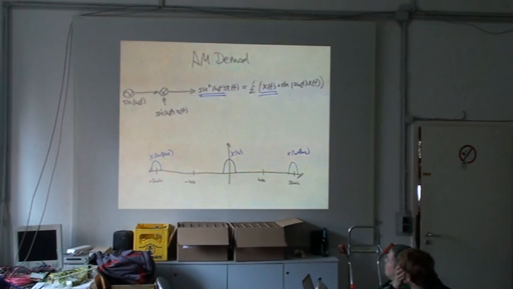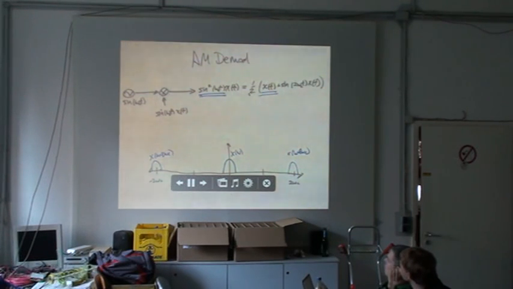And for those who remember your secondary school trigonometry, when you break this out, you see two terms in the math here. One of those terms is a copy of the original information signal. Another of those terms is the information signal modulated by another carrier at twice the original frequency.